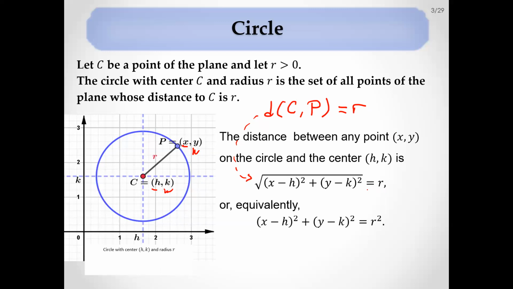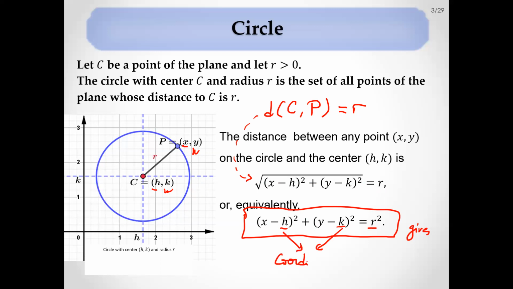If we square the whole equation, نشيل الجذر وتبقى لي x minus h squared plus y minus k squared equals R squared. H, k, and R are known or given. Okay, so these are the coordinates of the center of the circle.